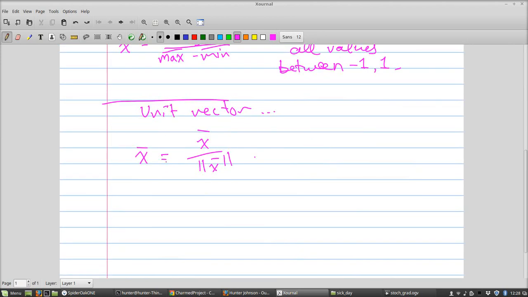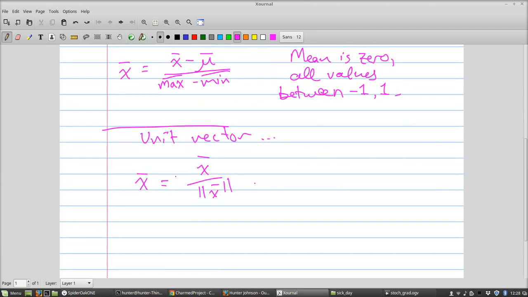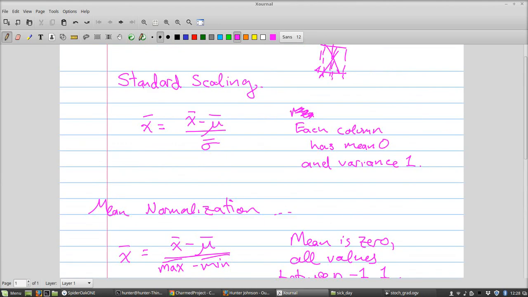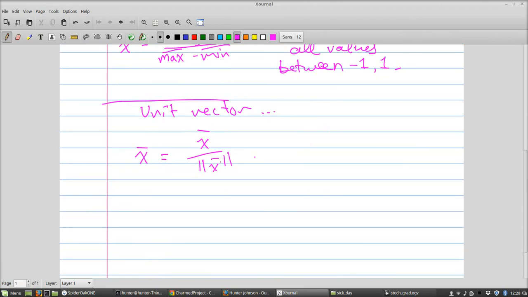And then another thing you might do, which, for these other two, you had to get mu and sigma from the big data set. But now you can always normalize a vector just based on the information that it contains. For all of them you can draw a decent picture of what they do, but if you do unit vector normalization, here's the data out here.